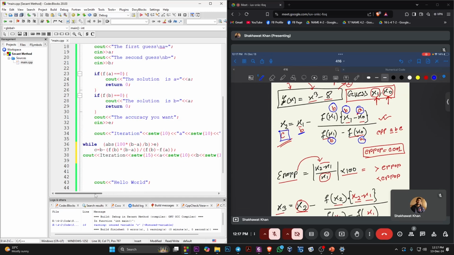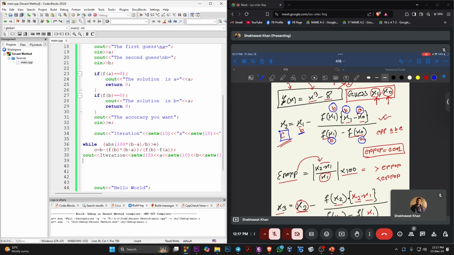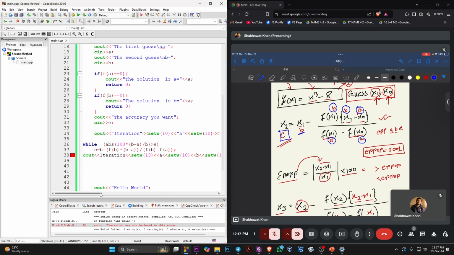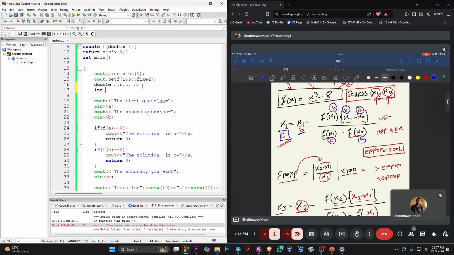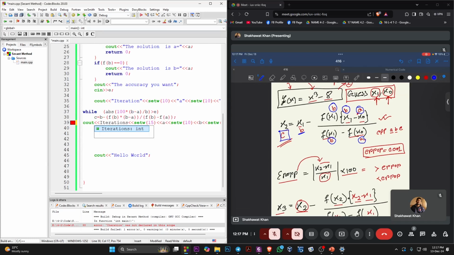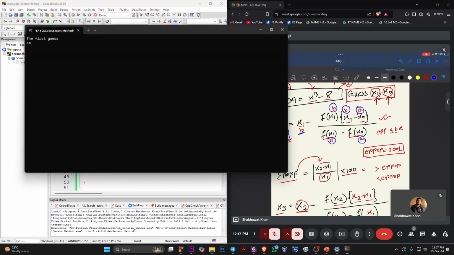So I would be able to see my values here if I run this. Okay, this iteration is not defined in my problem. I think it's okay now. If I say 5, 6, 0.01, okay, it's showing my iteration value, A, B, and C.